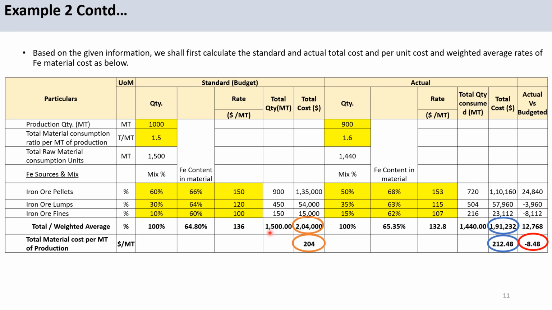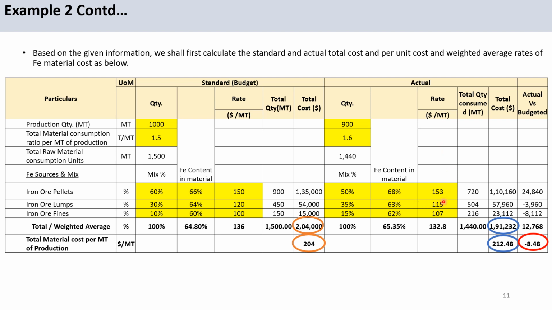So the total raw material cost per ton of production was $204, which is $204,000 divided by 1000 tons of production. So $204 per ton is the standard raw material cost per metric ton of production. Now the same thing we calculate on an actual basis.